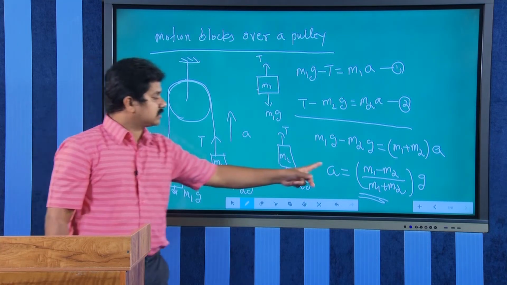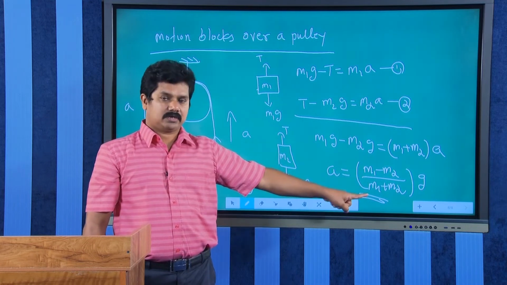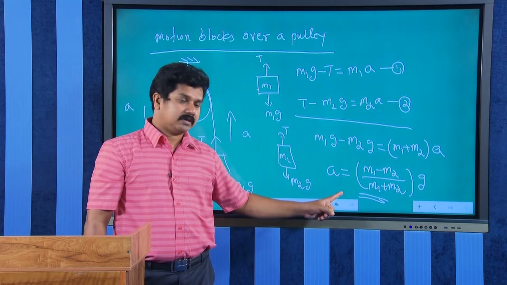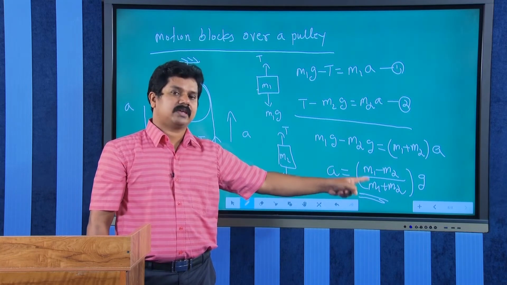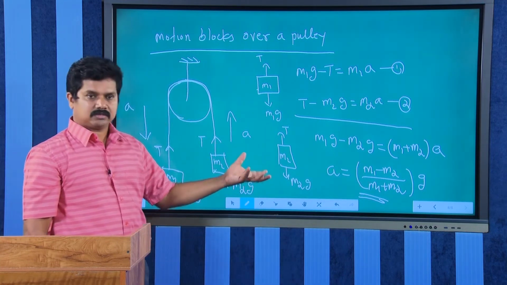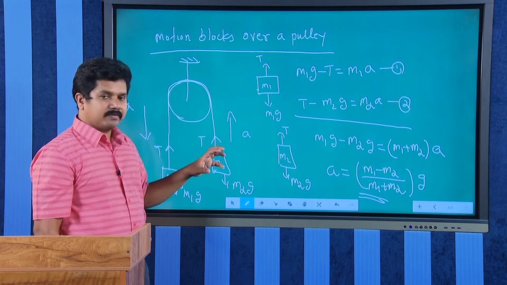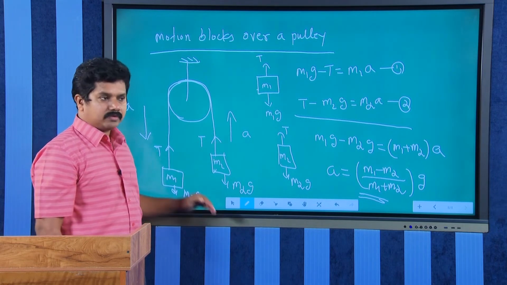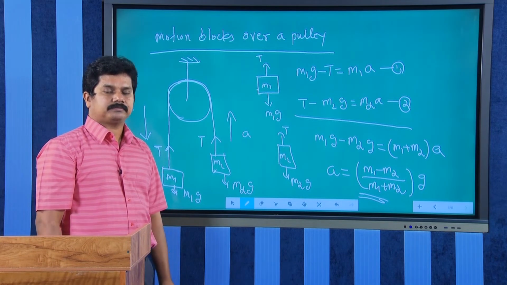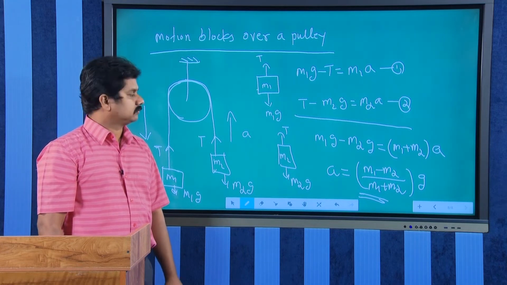Instead of m1 minus m2, we can take m2 minus m1 by m1 plus m2 into g. Magnitude wise same result we will get, but the acceleration direction will be opposite, that is m2 will move down, m1 will move up.